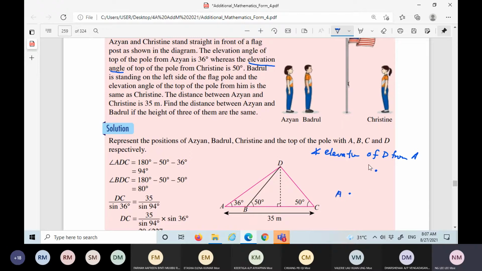A is looking up at D. So we draw a line from A to D. This one we call the line of sight.